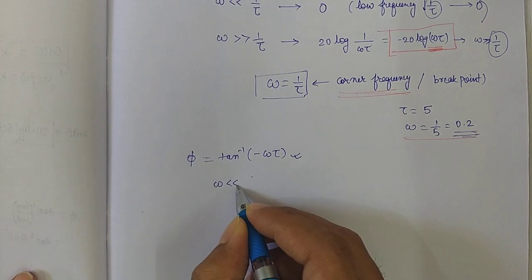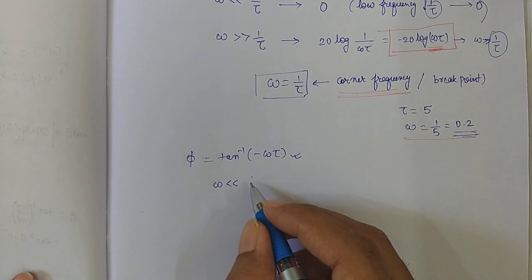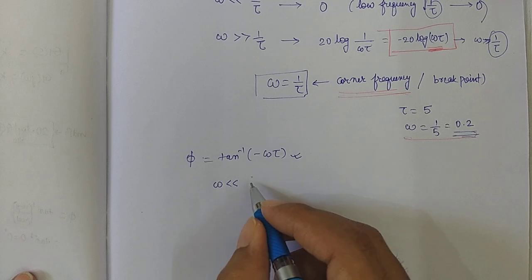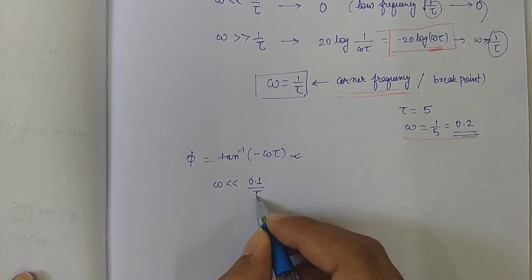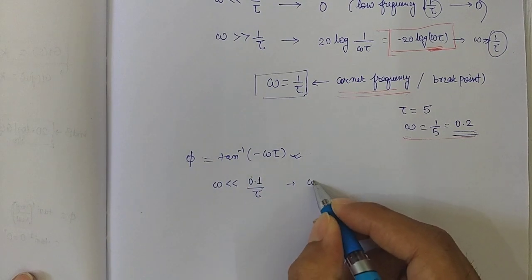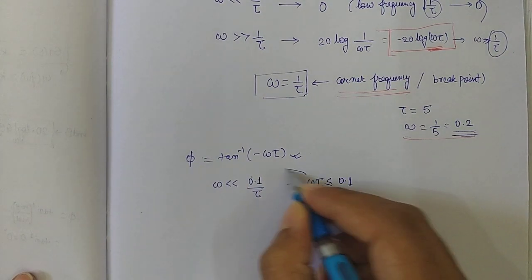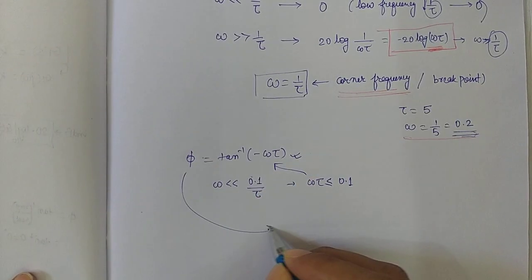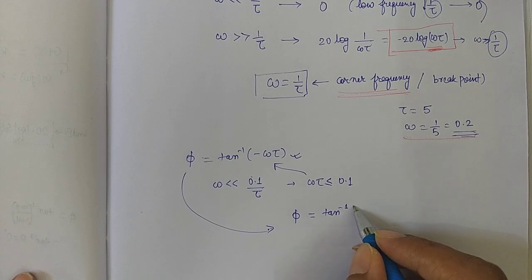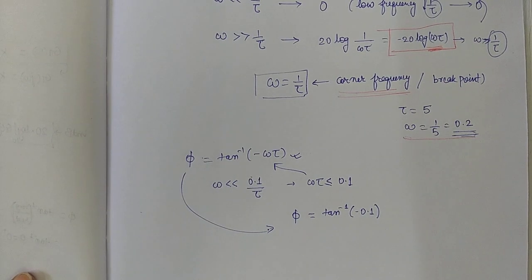Whenever omega tau is much less than 0.1, so we'll put it here, and we'll get phi is equal to tan inverse minus 0.1, right?